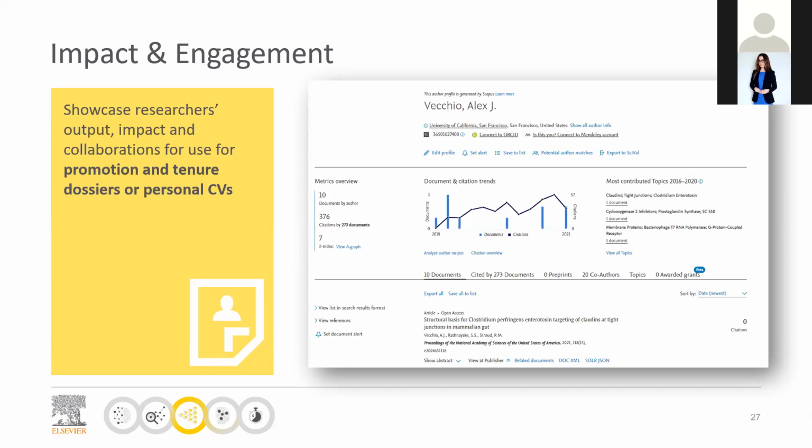For example, if I tried to correct the profile of an author from the University of Zagreb, then it won't be possible because my account is attached to Elsevier.com, which is absolutely not recognized as part of the University of Zagreb. So that's one thing.